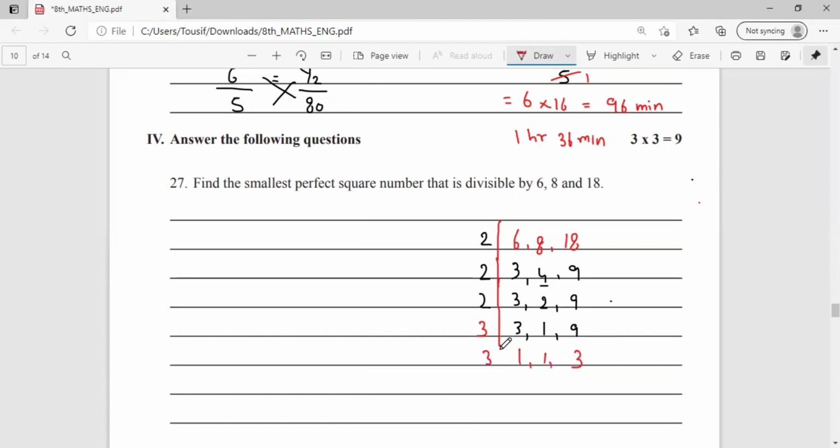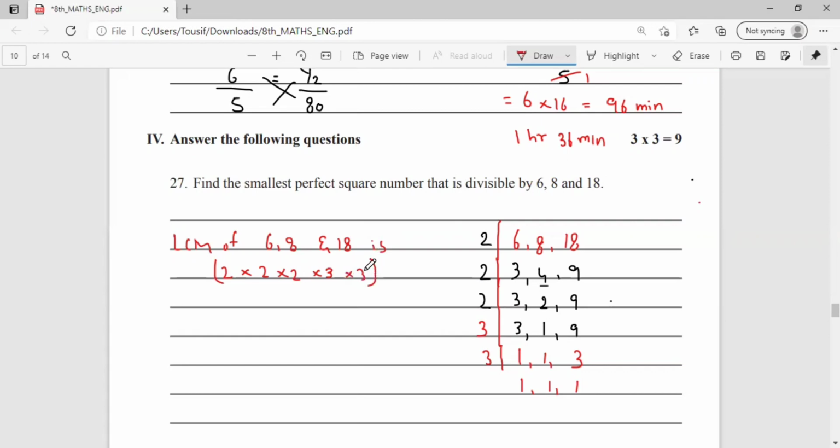Now once again, I'll go with the 3. That is 1, 1, and 3 ones are 3. So the LCM of 6, 8, and 18 is 2 into 2 into 2 into 3, and once again into 3.